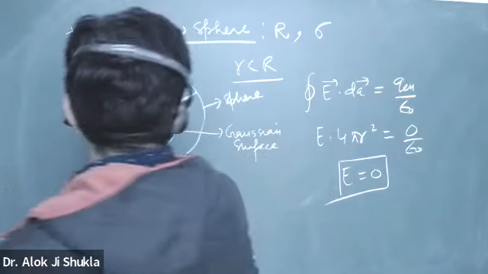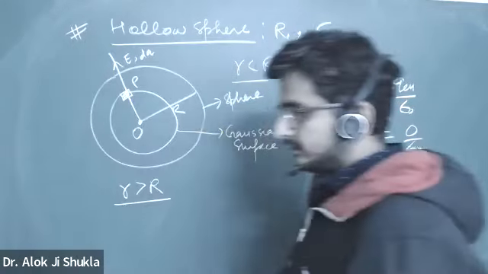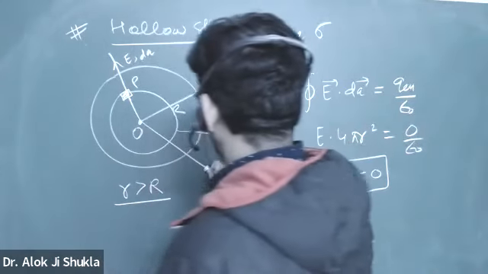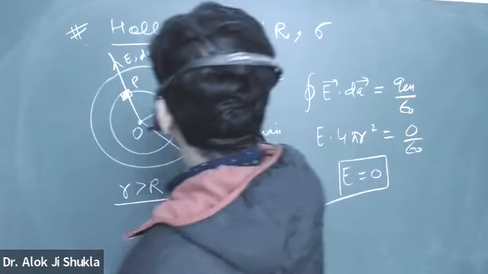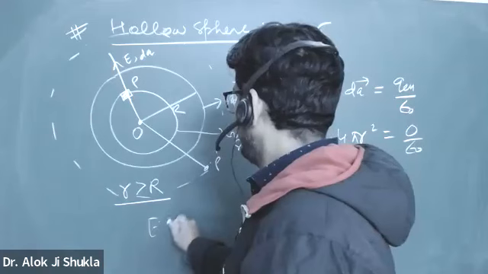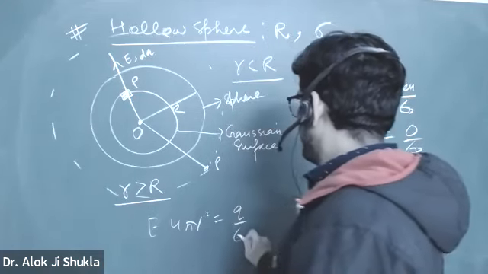And if you take R greater than R, so you will go outside here. Then again you will draw Gaussian surface. So you will write E into 4 pi R square is equal to Q by epsilon naught.